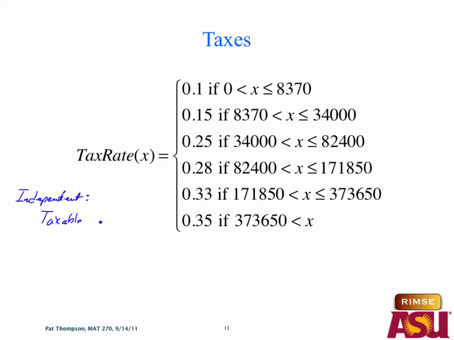After your deductions, after all the different rules about taxes, you get that amount of your income that is taxable. And what about the dependent variable? What is the dependent variable in this function? Looking at those outputs.